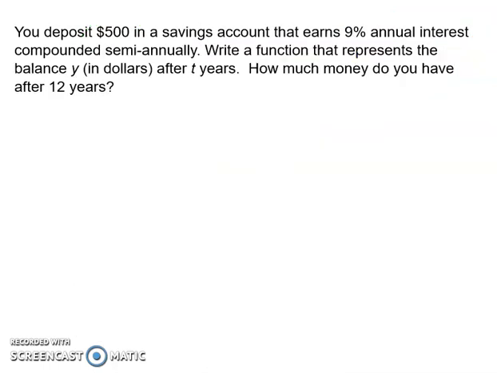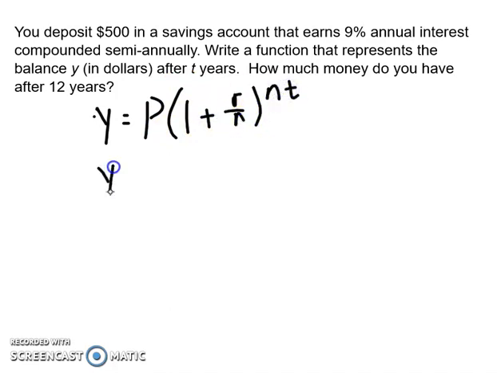Let's do one more example, and then I have something for you. You deposit $500 into a savings account that earns 9% annual interest compounded semi-annually. Write a function that represents the balance y in dollars after t years. How much money do you have after 12 years? Well, we start out with our formula. Y is equal to P times 1 plus r over n to the nt power.